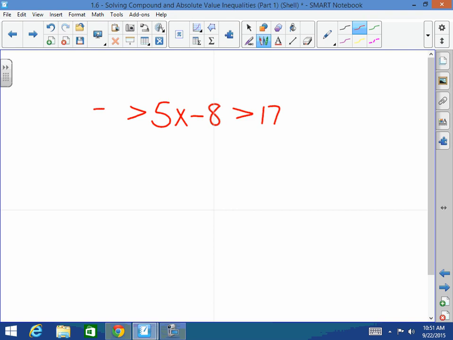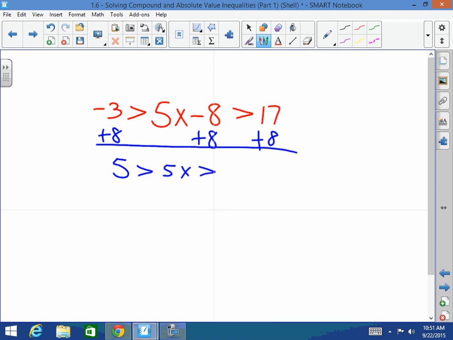All right. What do I do here, guys? Tell me what to do. Very excellent. Add 8 to each side. Great job, guys. So that's going to give me 5. Excellent. And then divide by 5. So x will be less than 1 and greater than 5.